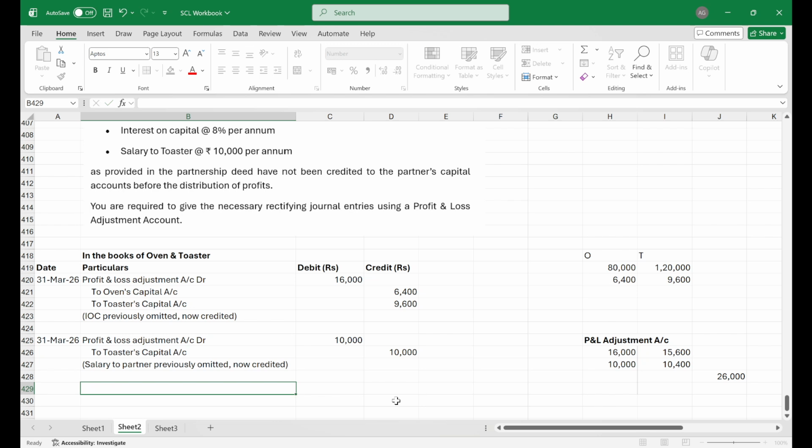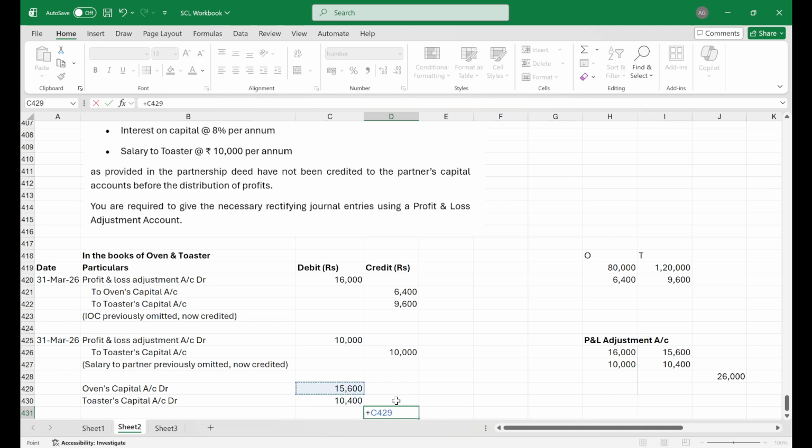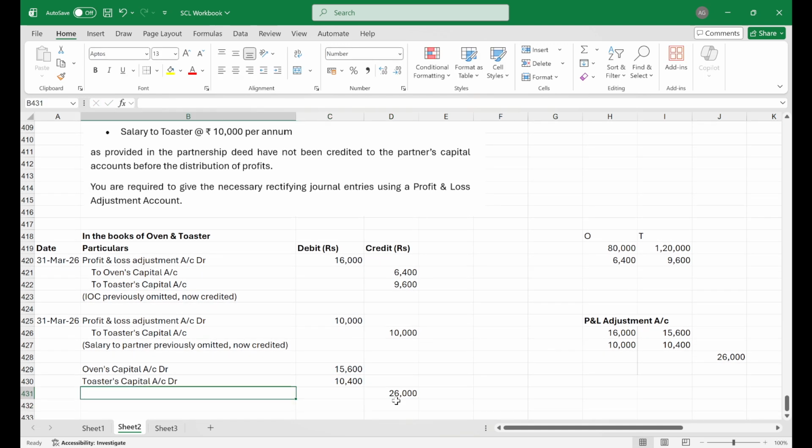So the entry will be Oven's capital account, Toaster's capital account debit. Both capitals debit 15,600 and 10,400. Put together 26,000. That I will credit to P&L adjustment account. All happening on the same date.